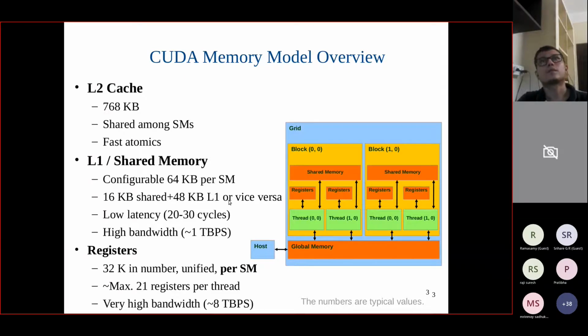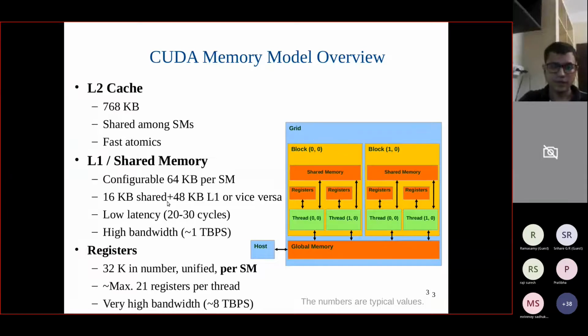As a programmer, you won't have control over the L1 cache, but the shared part you can manage and control. You can specify what variables should go into the shared memory, for example that this array or this vector should be placed in shared memory. That is the control given to the programmer to exploit the shared memory.